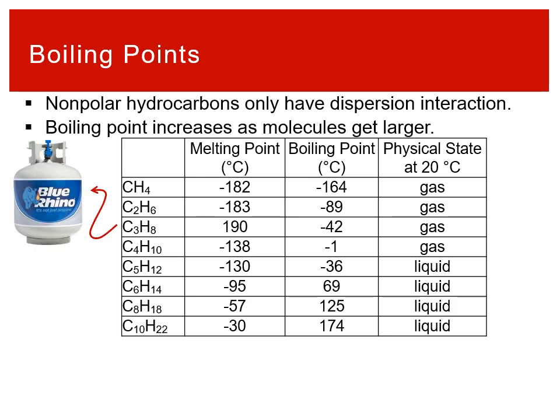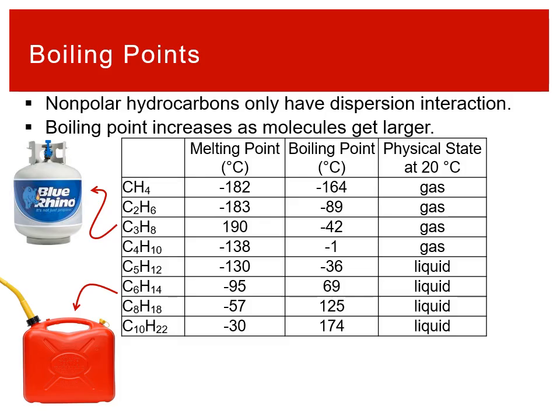So low down, C3H8, that's propane, like a propane tank, that's a gas at room temperature. It boils at -42. And if we go down, bigger and bigger molecules, C7H16, which is interpolated here, heptane, that's one of the common components of gasoline. Octane is also in gasoline. We can see that those are liquids at room temperature. That makes them really useful for fuels.